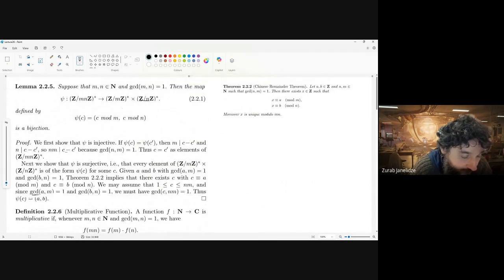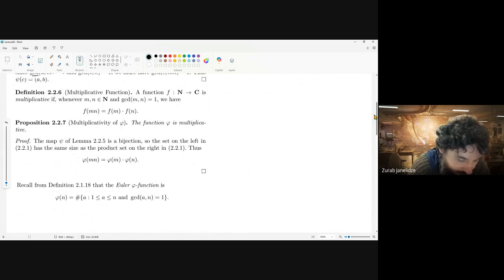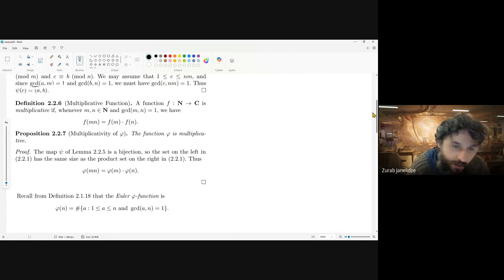And using the lemma we just proved, we can establish in a very sweet way that our Euler function, remember Euler phi function? That function, the one that counts how many a's you've got from 1 to n, whose GCD with n equals 1, we can establish that that function is actually multiplicative.